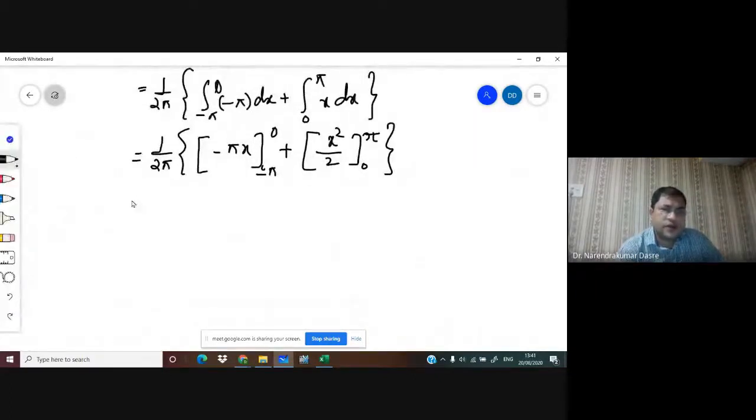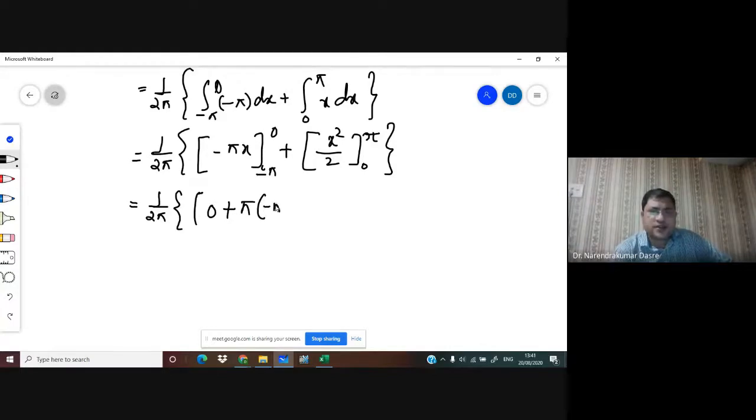So let us evaluate. This is equal to 1 upon 2 pi. If I put 0, this will be 0. Minus minus plus, you'll be having pi, and the value is going to be minus pi square. So this is for the first integral. For the second integral, it's going to be pi square by 2 minus 0.